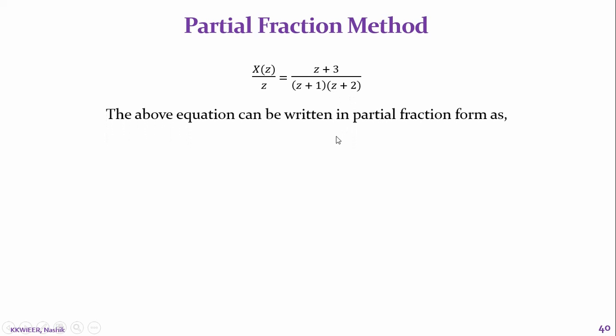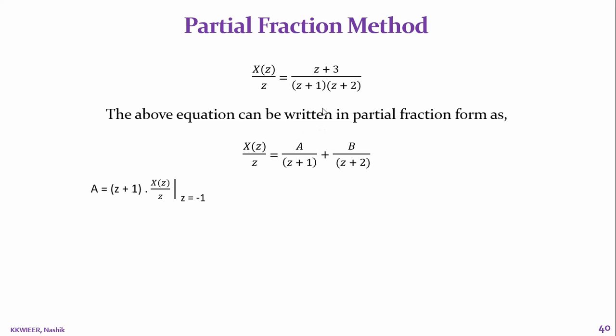So x of z by z will be equal to z plus 3 upon z plus 1 into z plus 2. Now, the above equation can be written in the partial fraction form as x of z upon z is equal to a upon z plus 1 plus b upon z plus 2. This is the normal conventional partial fraction method that you have studied in lower semesters. Now, how to calculate this a?